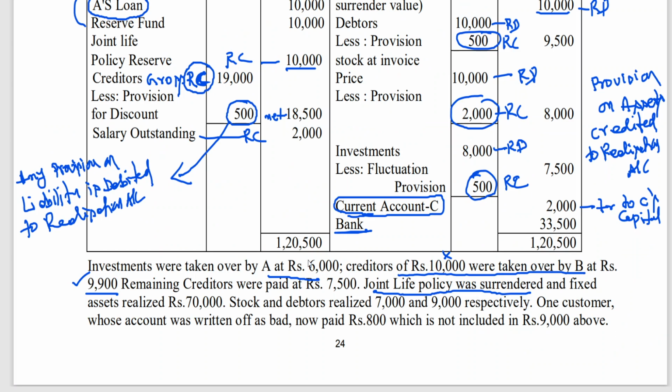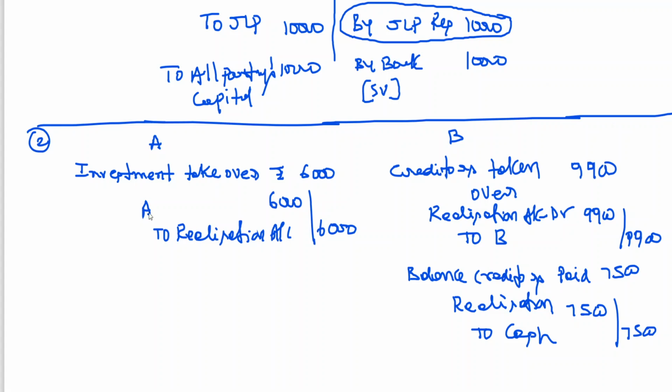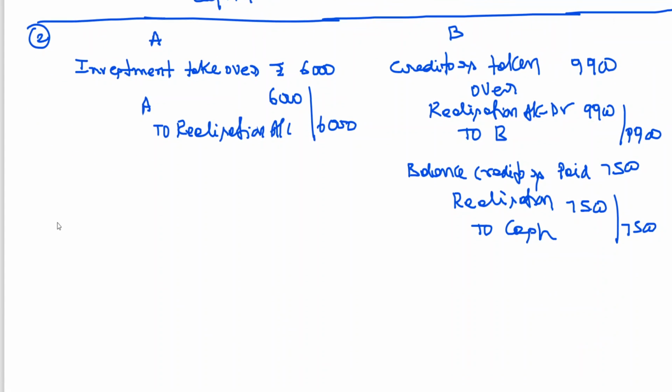Okay, then next. Coming back to joint life policy surrendered and fixed assets realized. Joint life policy surrendered means assets realized in cash.